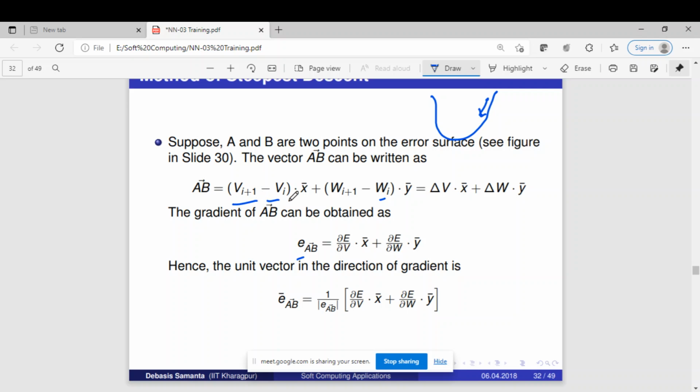What is vi plus 1 minus vi? And what is this wi plus 1 minus wi?